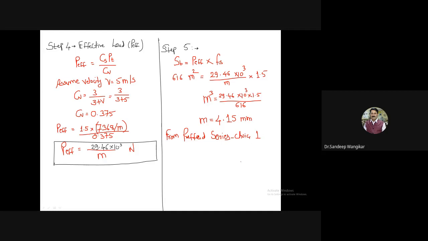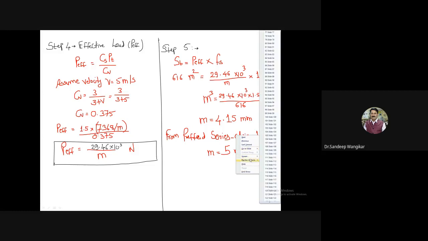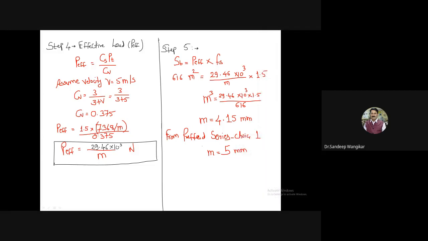For rounding up also, there are choice 1 and choice 2, two different series. I will show you that chart also. So here I will round up the module to the next number, module is equal to 5 millimeters, so that all your other answers for DP, face width, etc. will be whole numbers, no decimal. So rounding up this module, this is your answer for module.